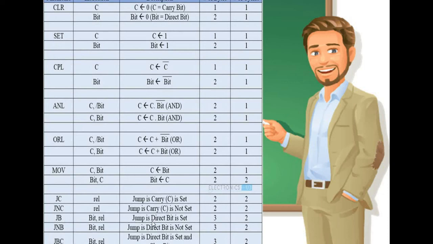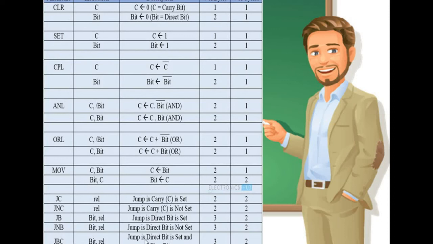Jump if direct bit is set: if the value of the direct bit is set, then go to a particular instruction for performing further instructions. Jump if direct bit is not set: if the direct bit is not set, then go to a particular address location or instruction to perform the remaining task.